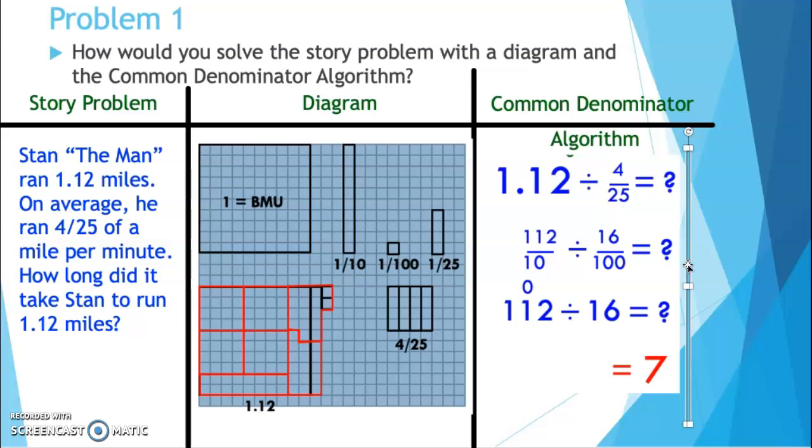112, so 1.12. Right? We're moving the decimal to move into the 100, 112 tenths divided by 16 over 100.